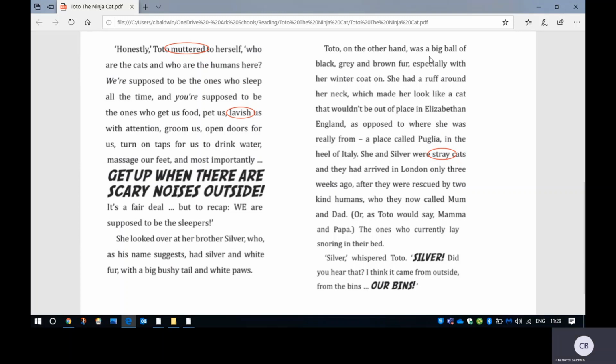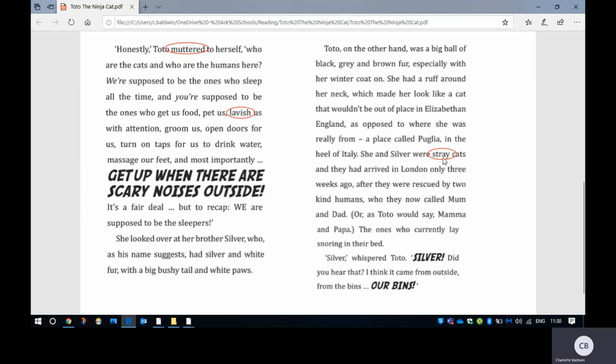Toto, on the other hand, was a big ball of black, grey and brown fur, especially with her winter coat on. Had a around her neck, which made her look like a. That wouldn't be out of place in Elizabethan England, as opposed to where she was from, a place called Puglia in the heel of.